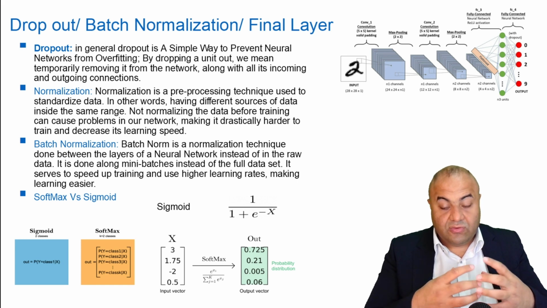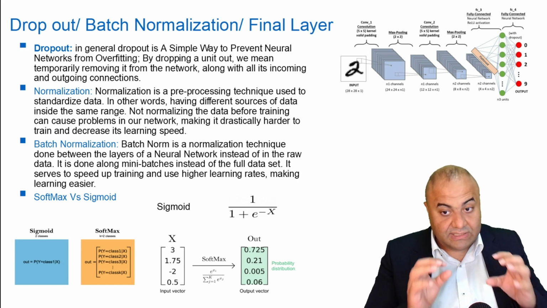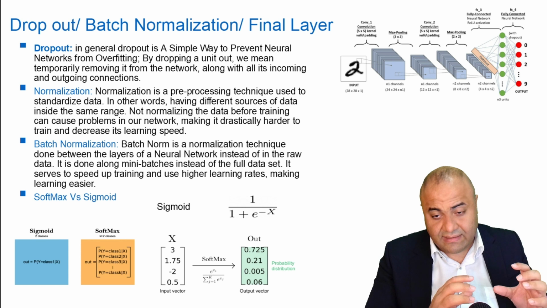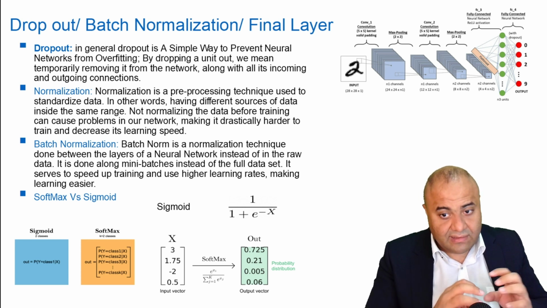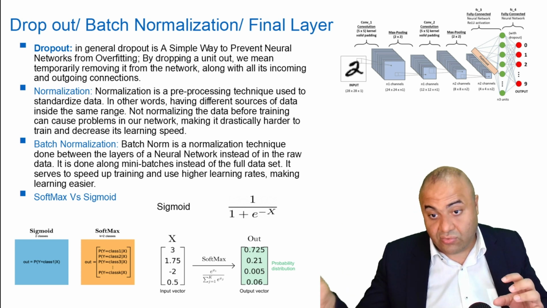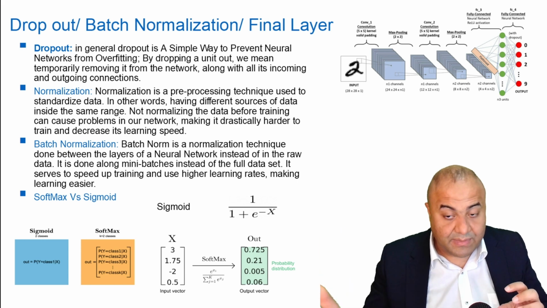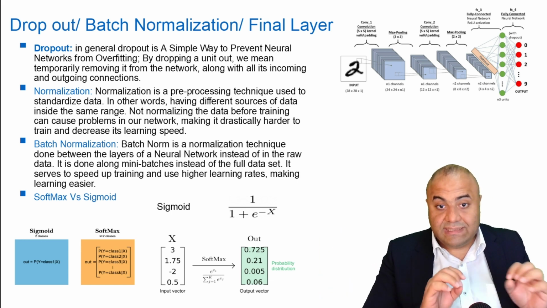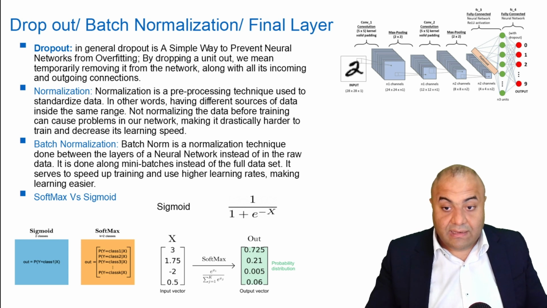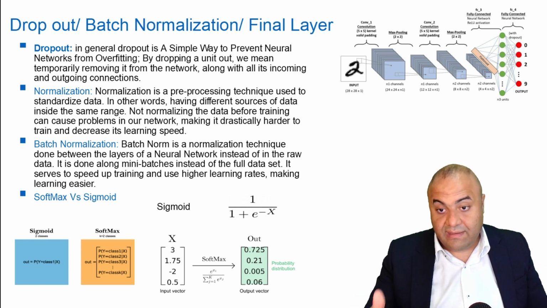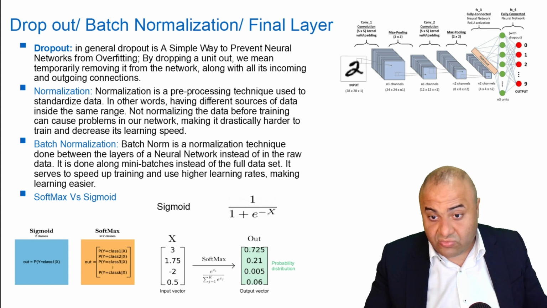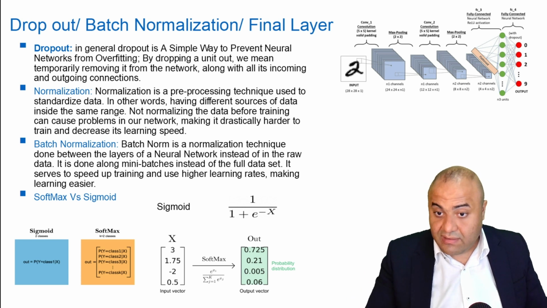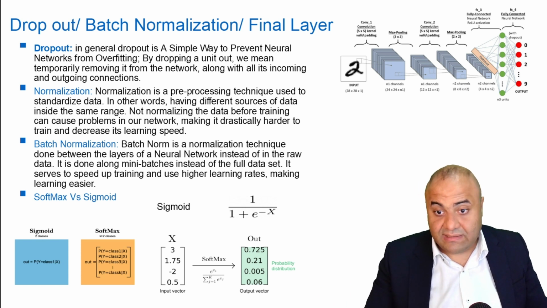So we don't want the model to be overfitted, only good for the training data, and not good for the test data or other data that will come in the future. In order to do that, we randomly block some neurons in the training process, and we try to train the other part of the network to actually take the correct decision. So this is one of the practices we do.